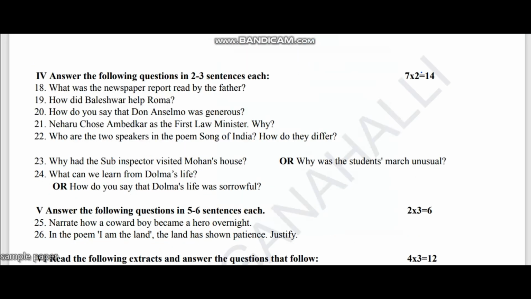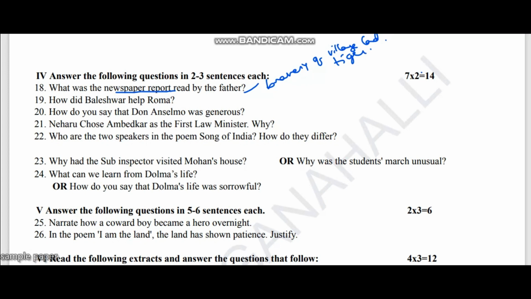Roman number 4, answer the following questions in 2 or 3 sentences each. 18, what was the newspaper report read by the father? Father read about the bravery of a village lad who, while returning from the jungle path, came face to face with a tiger.